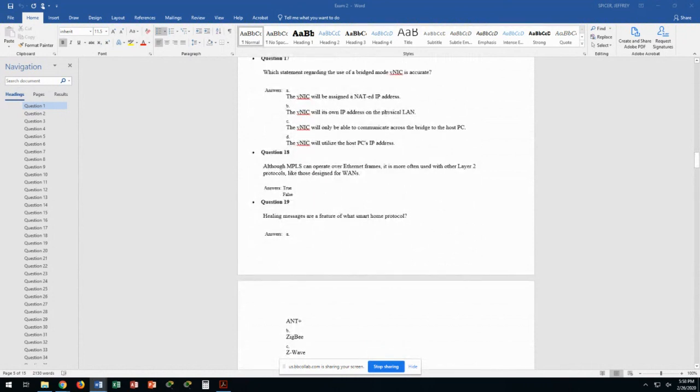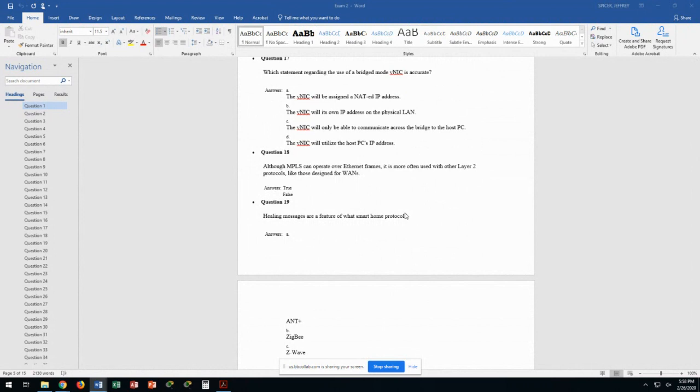All right, 17. Which statement regarding the use of bridge mode vNIC is accurate? Is it across the bridge? No. This actually has no answer technically, because the answer is inaccurate. It's B, the vNIC will its own IP.